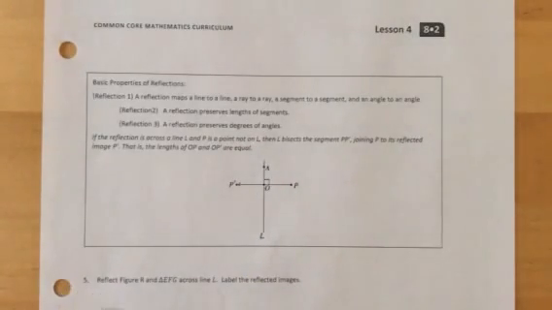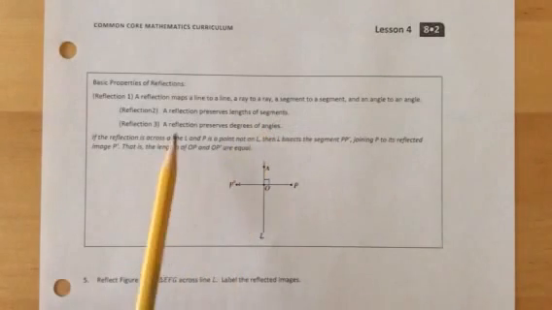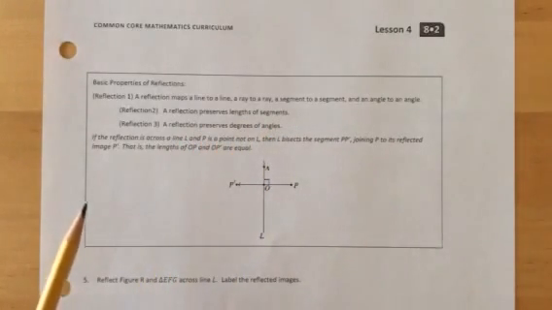So we measured that in example 4. We saw that the lengths of segments and the degrees of angles did not change. That's assuming that we did it perfectly. Okay, so a couple more examples to just flesh out a couple more of these properties of reflections, and then you'll be ready for your problem set.